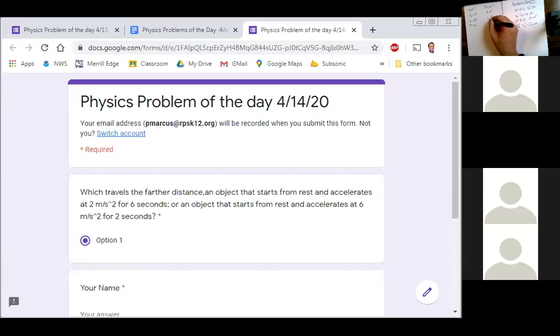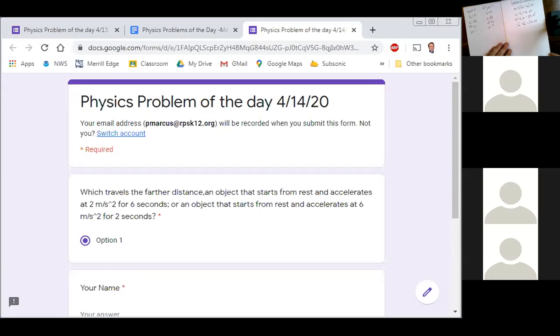And for the delta time, we got 2 seconds. Right, so close, but not exactly the same. And then what is the unknown for these? What are we trying to find? The distance. We want the distance for each of them. And then we'll compare and see which one went farther.